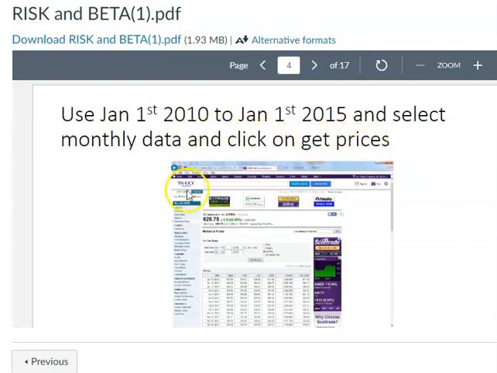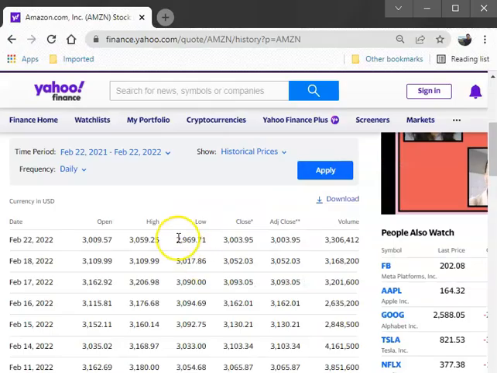Okay, these slides were created a few years ago, and Yahoo Finance might look a little bit different, and that's actually okay, since I'm creating this video to update whatever is different.